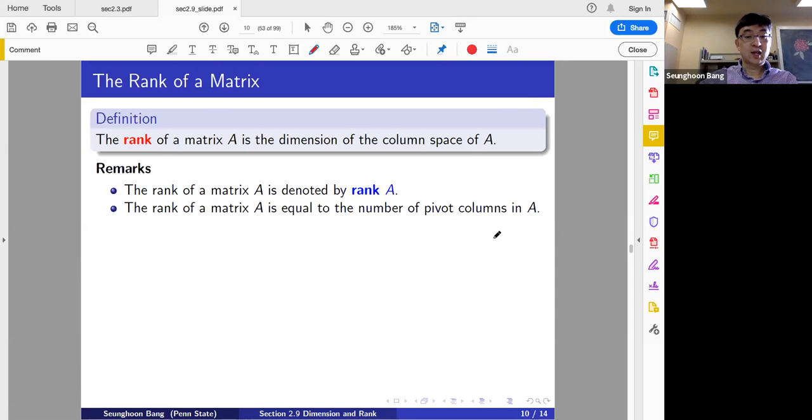So the rank of matrix A is equal to the number of pivot columns.